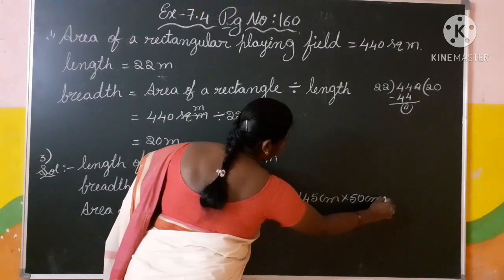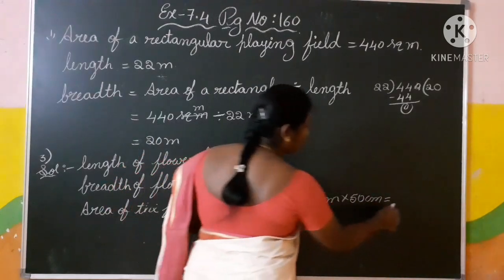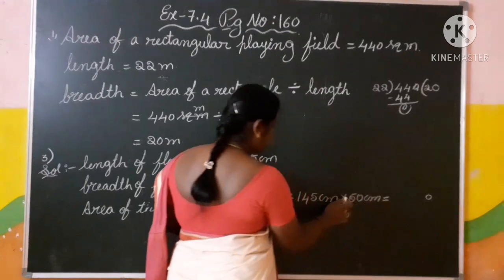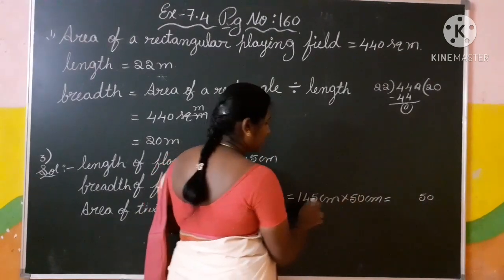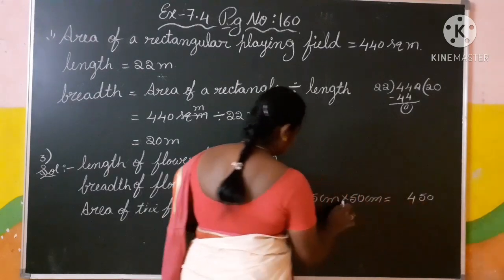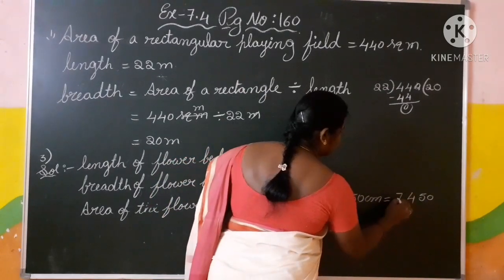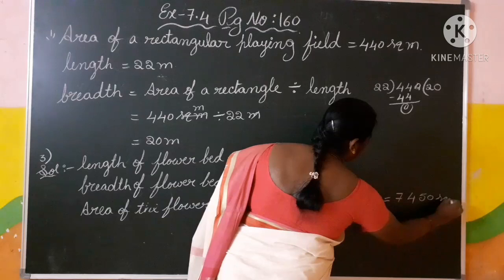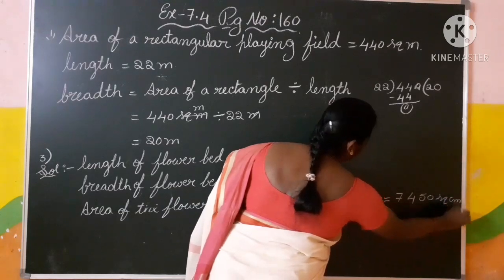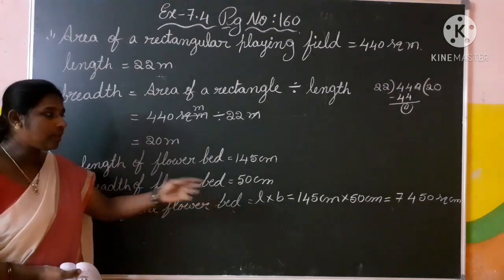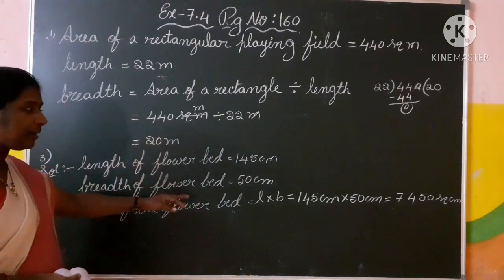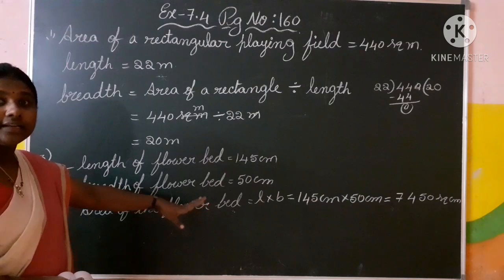So how much is the multiplication? 0. 5 5s are 25. 5 4s are 20 plus 2 is 22... 5 1s are 5 plus 2 is 7. 7250 square centimeter is one flower bed area.